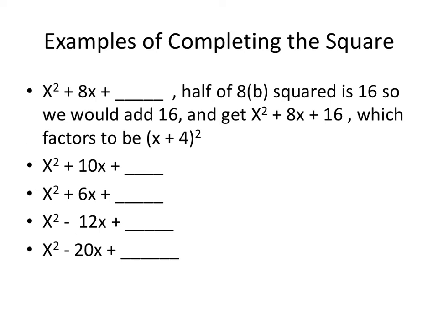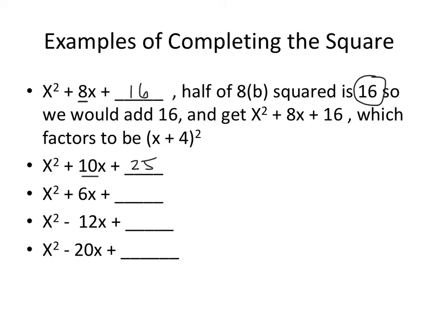So here are some examples. X squared plus 8x. We're going to take half of b, half of 8 is 4, and 4 squared is 16. So we would add 16. It would then factor to be x plus 4 squared. If I have x squared plus 10x, half of 10 is 5, 5 squared is 25.